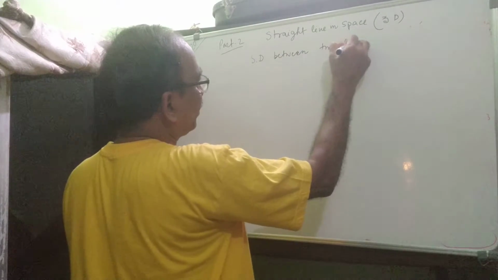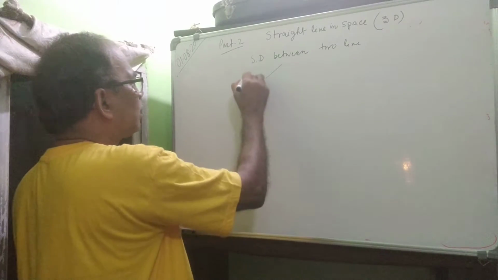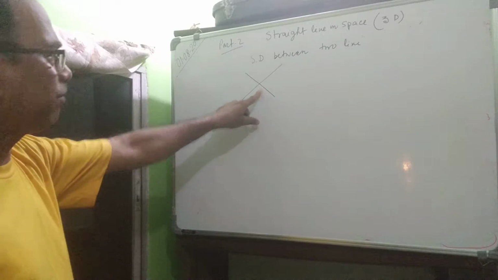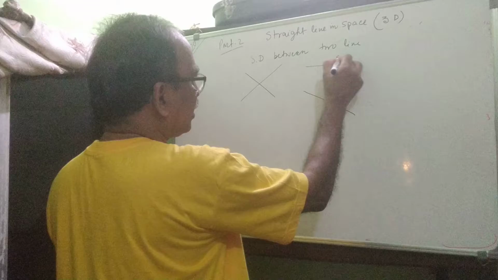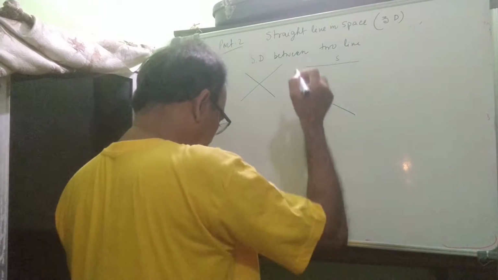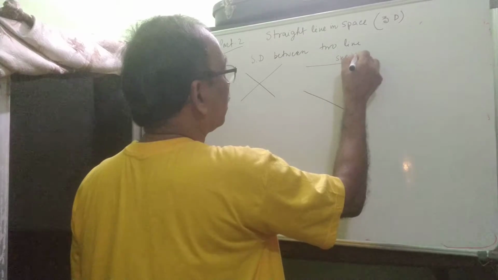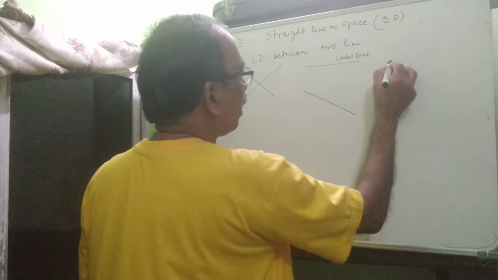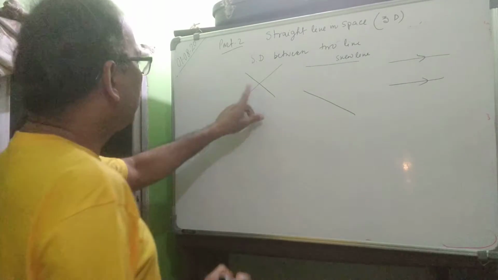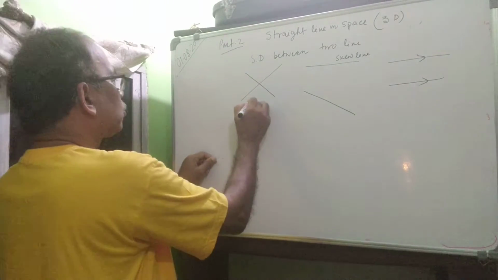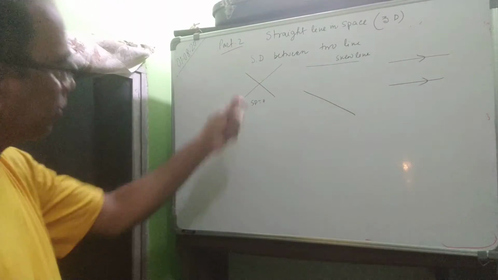Two lines may be intersecting, or they may be skew lines, or they may be parallel. When the two lines intersect, the shortest distance is 0, since there is a point of intersection.